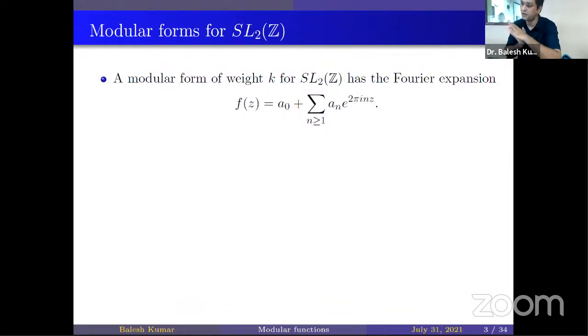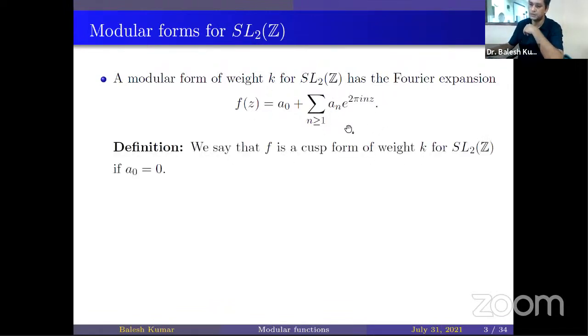Here z is a complex number in the upper half plane. This Fourier series starts from the non-negative indices 0 onwards. This is the Fourier series expansion, and the a_n are known as the Fourier coefficients.